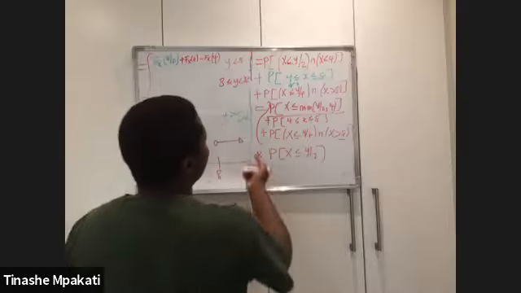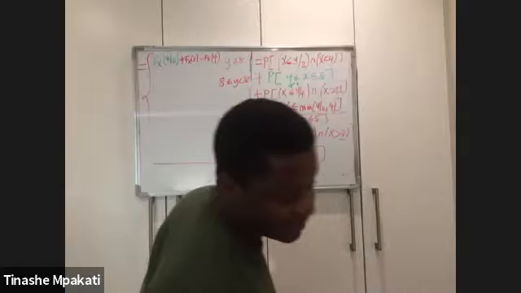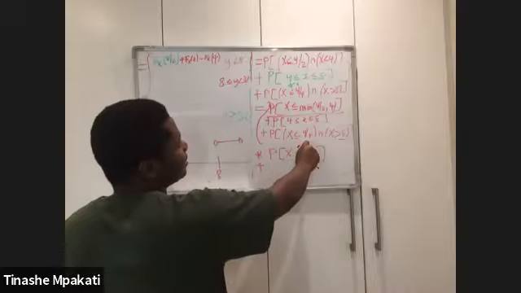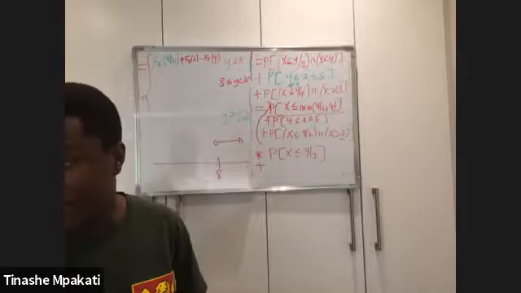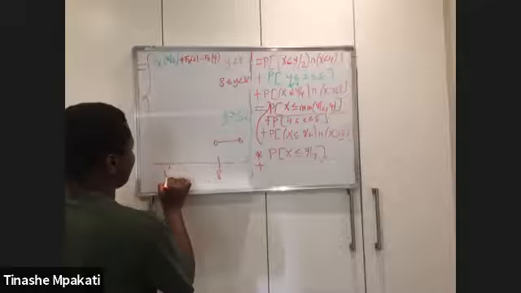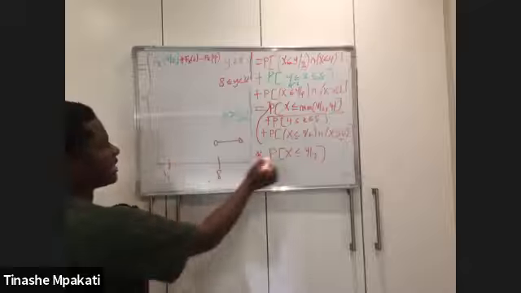So the largest number we can consider in this interval is 7. So we would have 7 divided by 4, which is some number 1 comma something. This is the largest number that we can have, and we are saying x is less than that.